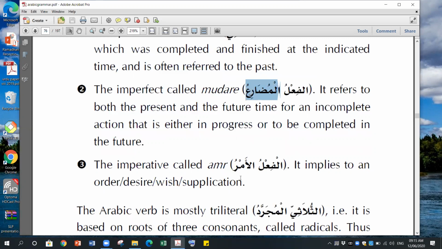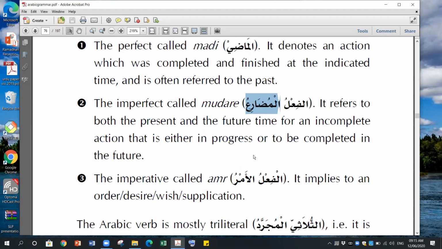The sentence starts with a verb, right? If I say open your book, they name it fi'lul amr. But this is actually a kind of fi'lul mudare. It has been taken from it because I'm ordering you right now, it's in the present state. That's why I say only there are two, madi and mudare.